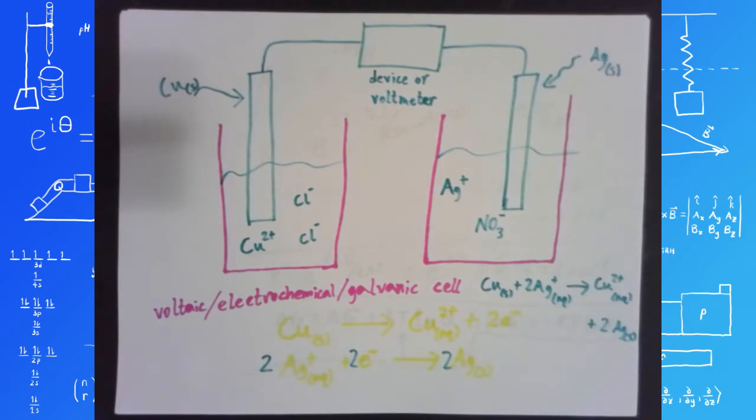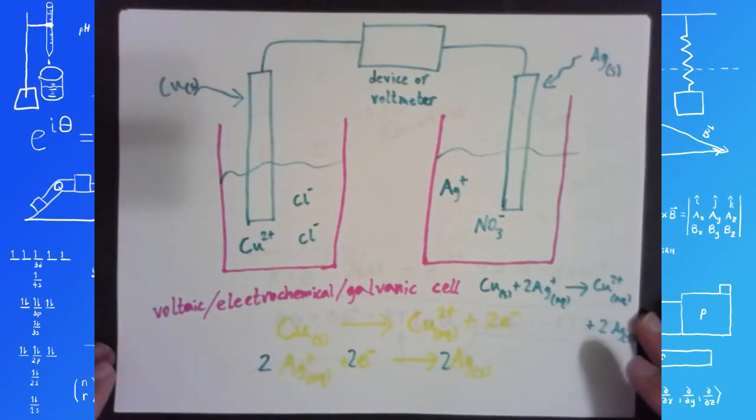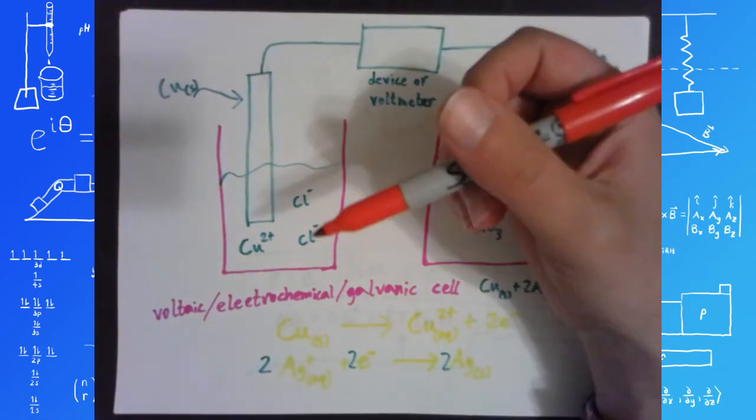Okay, so going back to this voltaic cell, which I haven't finished drawing, by the way, for those of you who've seen voltaic cells before and you're shouting at the screen that I'm missing something, don't worry, I'll get to it.